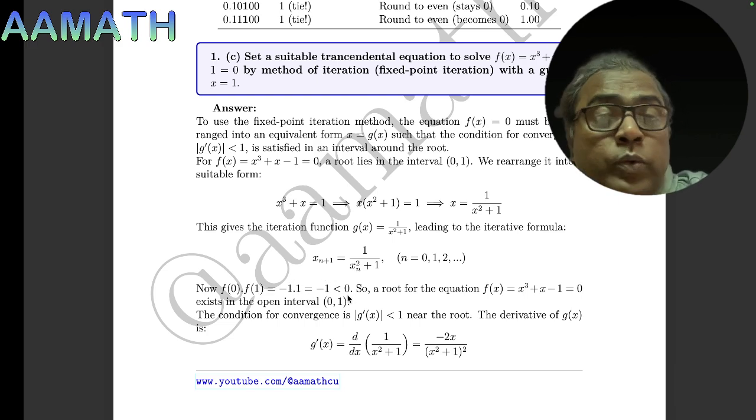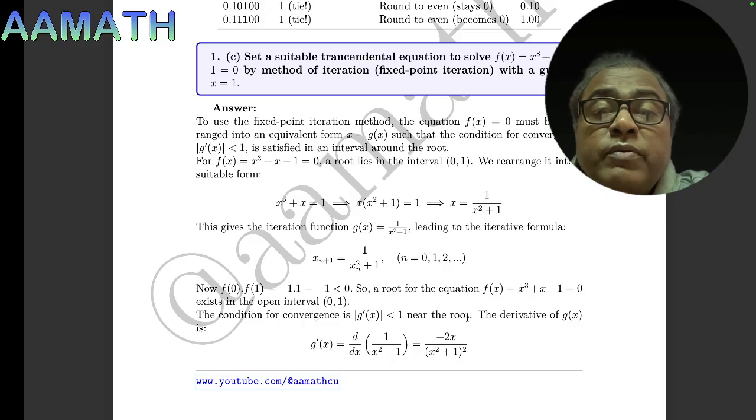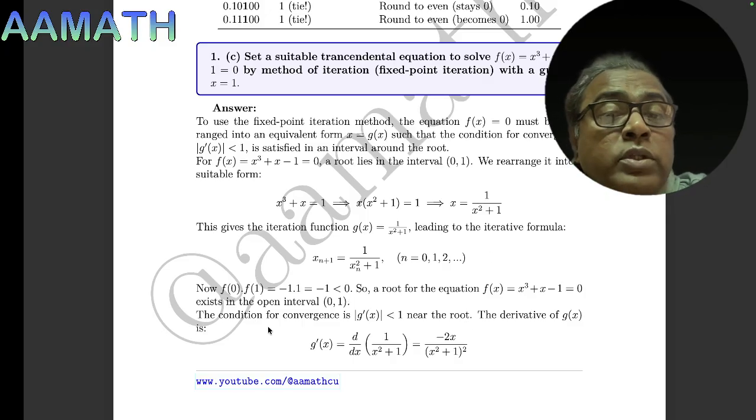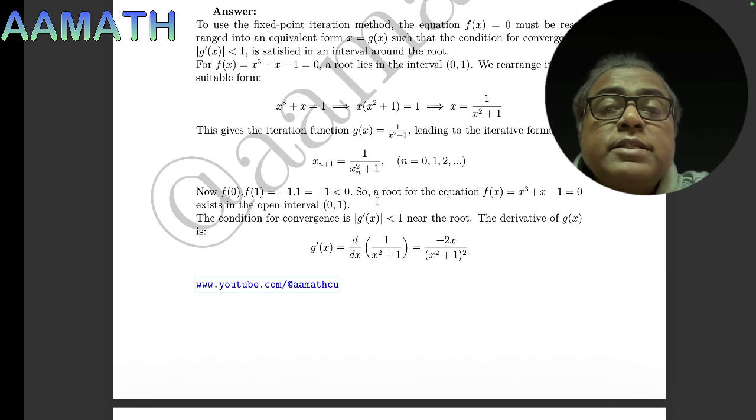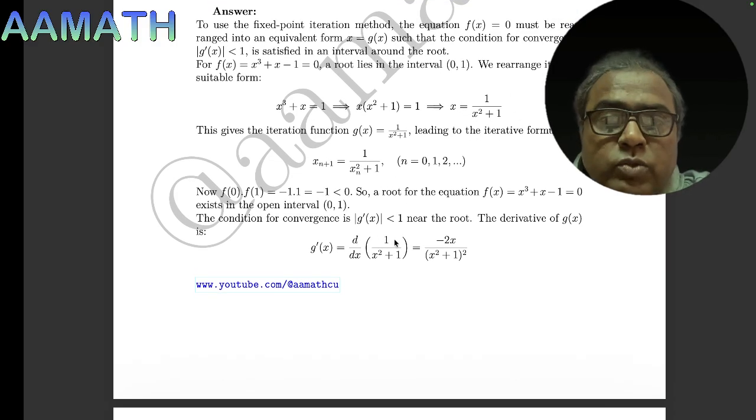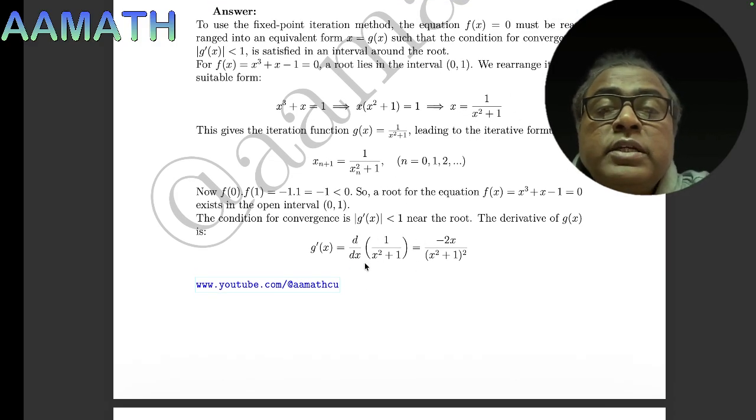So a real root of the equation f(x) equal to 0 must lie within the interval 0 to 1. The condition for convergence is that the modulus of g dash x is less than 1 near the root. So we first find g dash x. g(x) is 1 by x square plus 1, so the derivative d/dx is minus 2x divided by x square plus 1 whole square.